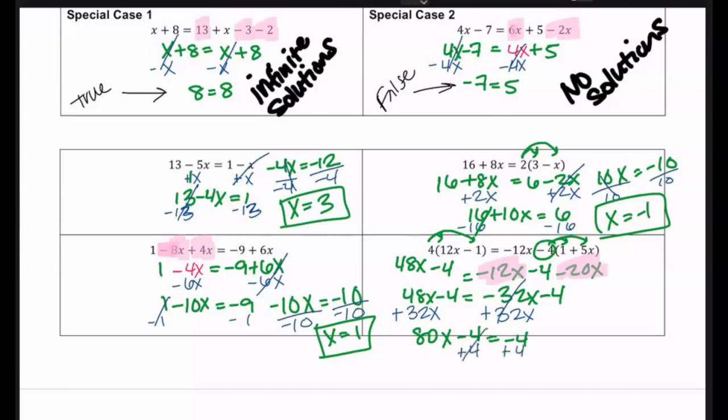And that gives you 80x equals 0. Because negative 4 plus 4 is 0. Well, anything times 0 is 0. Divide by 80, divide by the coefficient. X equals 0. 0 divided by anything is 0. Same thing as 0 times anything is 0.